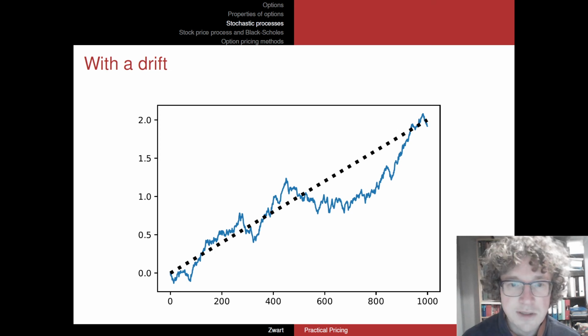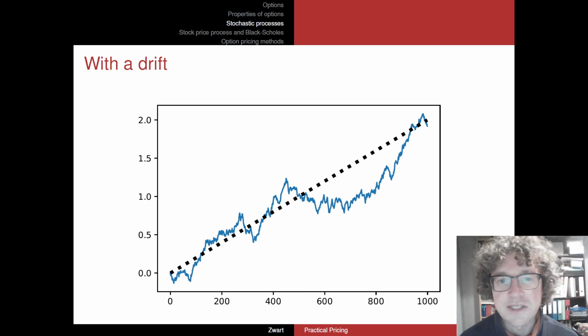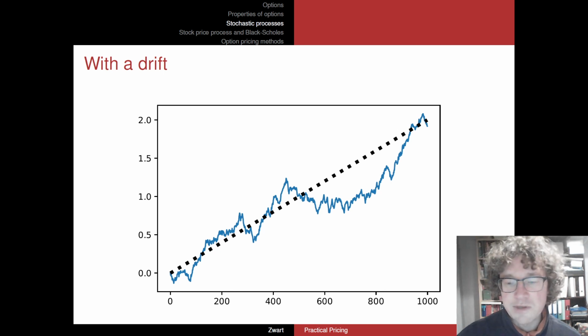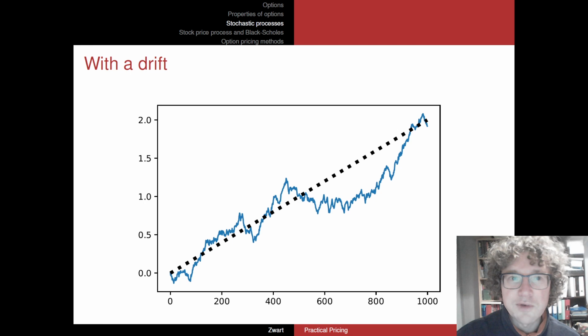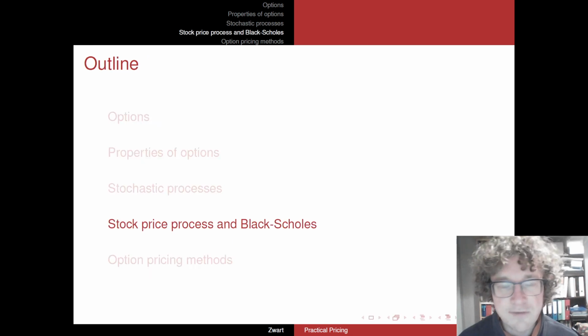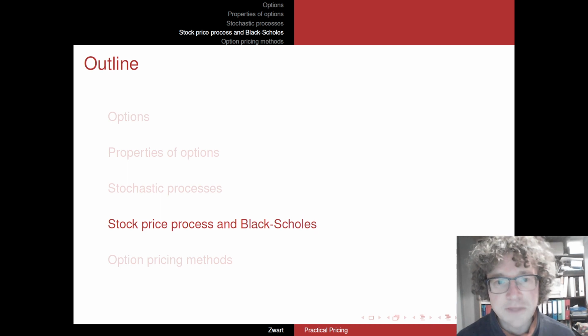So what we see here is a linear motion, but with some randomness around this linear deterministic path. So this is Brownian motion with a drift. This is not quite what we want to model for a stock price. Stock prices don't have a fixed drift, but we're going to get closer. We'll see in the next video how you actually model stock prices, and we get to the Black-Scholes formula for that.